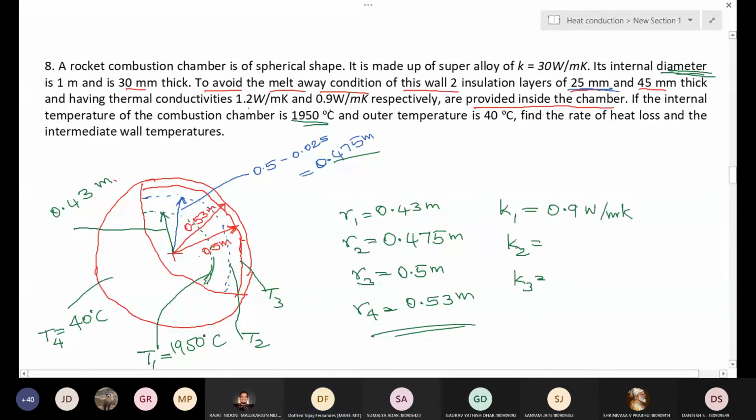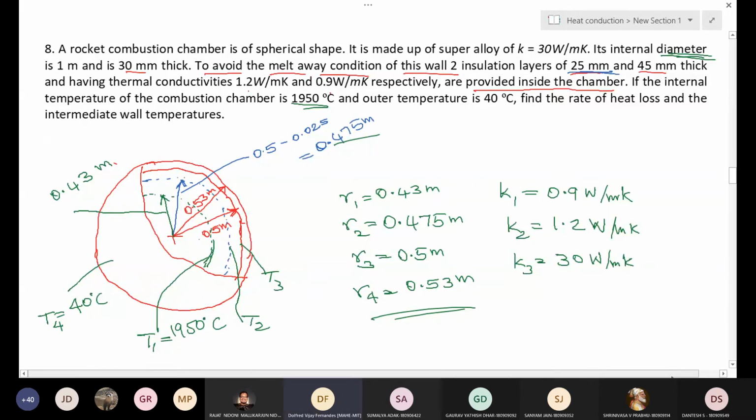Sanyam, what is K2, the second layer? 1.2. And the last layer is the super alloy of thermal conductivity 30 watt per meter Kelvin.